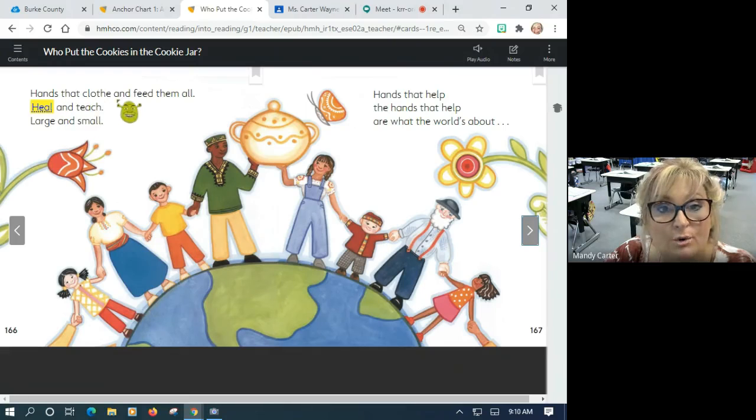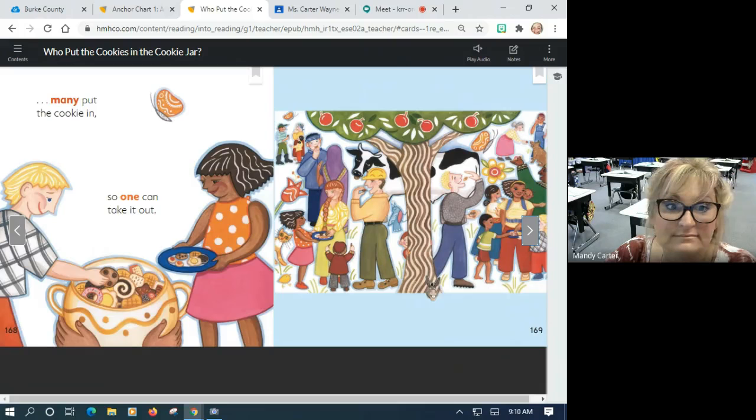Hands that clothe and feed them all, heal and teach, large and small. Hands that help, the hands that help, are what the world's about. Many put the cookie in, so one can take it out.